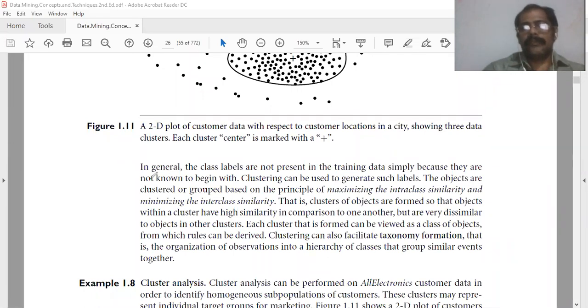In clustering, the class labels are not present in the training data because they are not known at the beginning. Clustering can be used to generate such class labels.